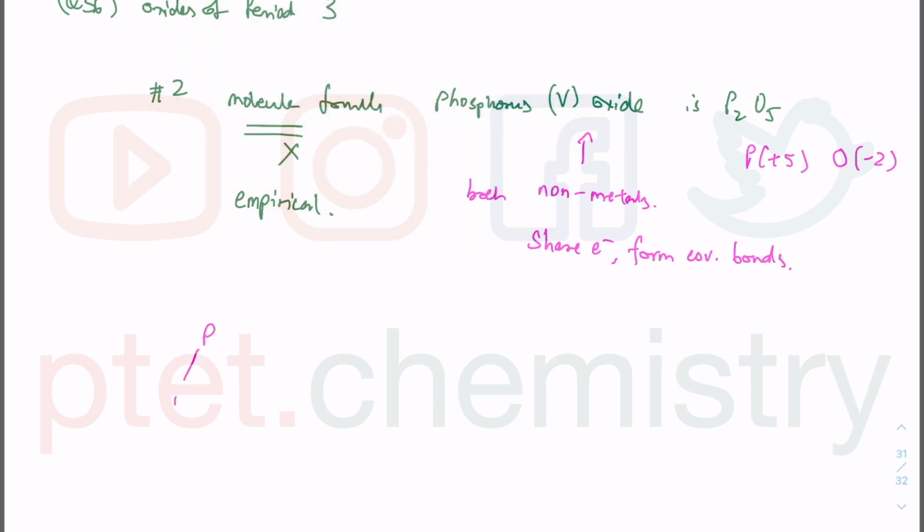So I'll show you this, which is actually P4O10. So what we have is O, O, and O like this. So that is P4O6.